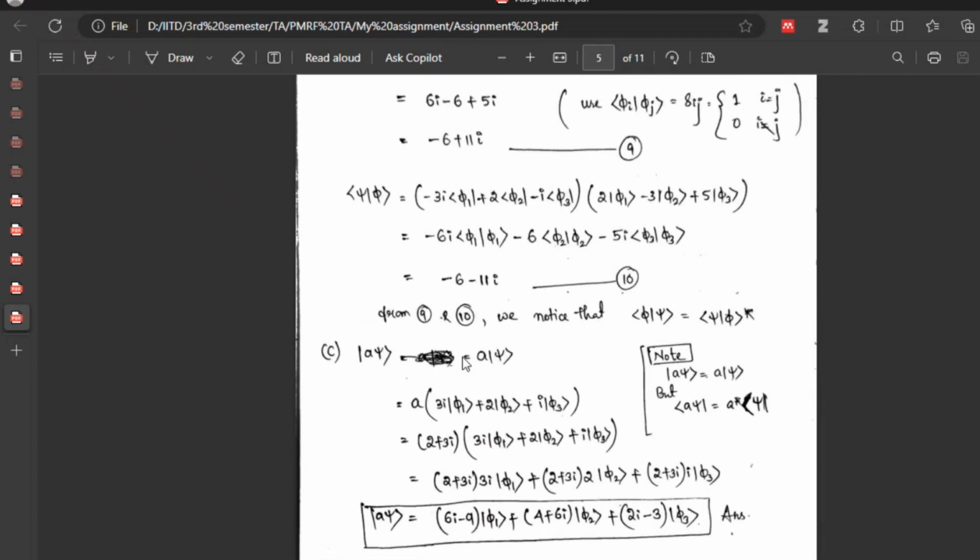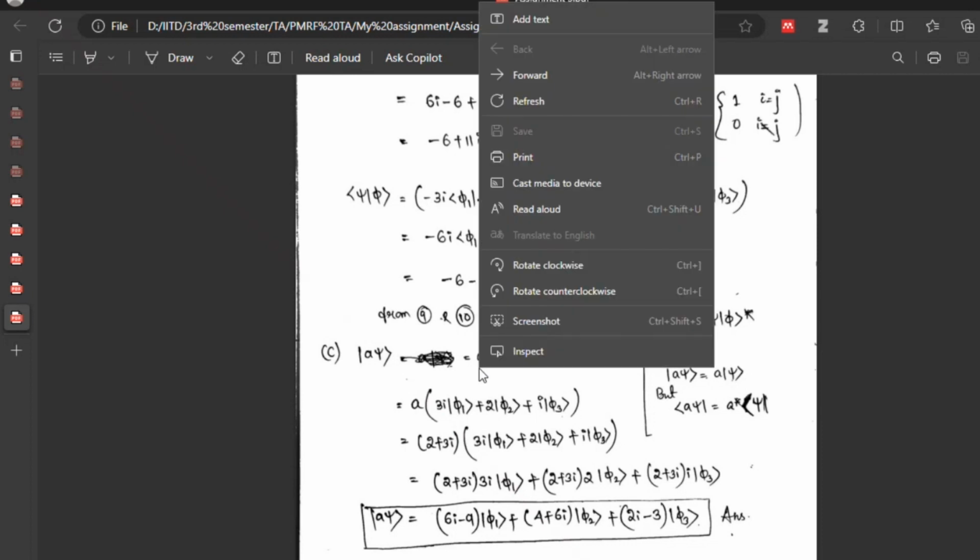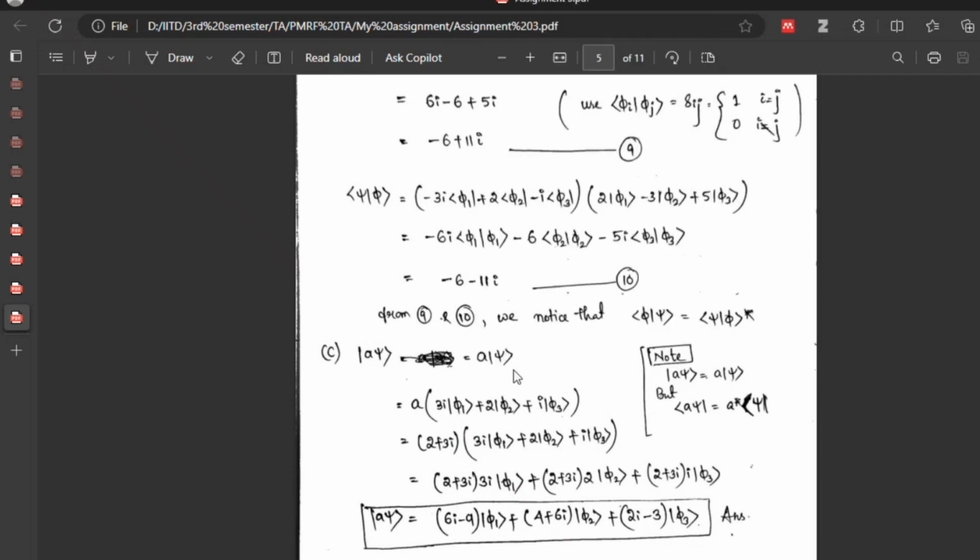The third one is asking what will be the value of a psi when you act a constant a on the ket vector psi. This is nothing but multiplying a constant a with the initial ket vector psi, which is given.